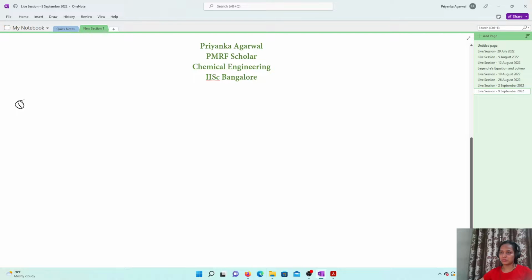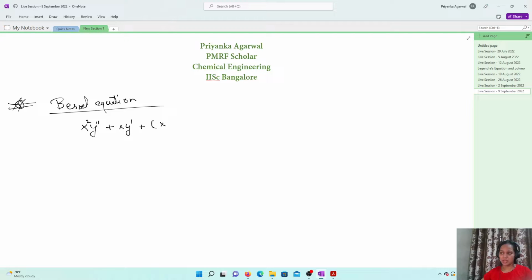Okay, we know that the Bessel equation is of the form x squared y double dash plus x y dash plus (x squared minus alpha squared) y equals 0, where alpha is a real number and alpha is always greater than or equal to 0.